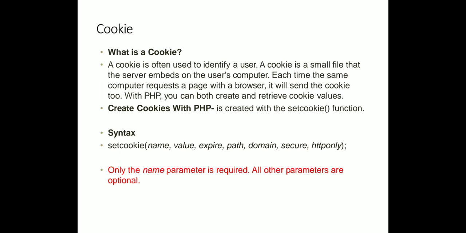Otherwise the value 0 represents an unsecured connection. Domain is the domain name for which the cookie is valid. And the last one, HTTP only, means you are using only the HTTP values. So this is about the set cookie function and its parameters.